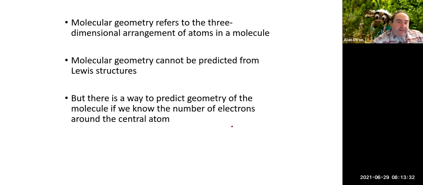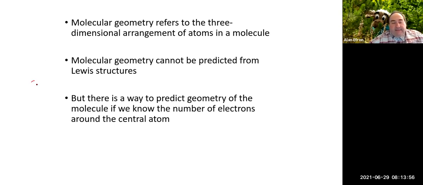We can predict it based off of Lewis structures in a sense. We can base it basically on how many electrons we have around the central atom and how many bonds. So it's really about the central atom always when we do geometry. That's a really important thing to keep in mind.